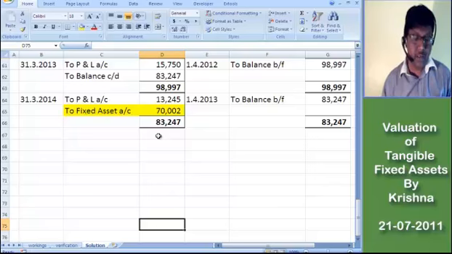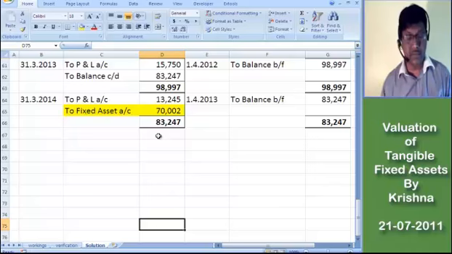One more scenario. First we have done a revaluation in the upward direction. Subsequently, for the same asset, there is a revaluation in the downward direction. What should we do? When there is an upward direction, the increase in the net book value is credited to revaluation reserve account.